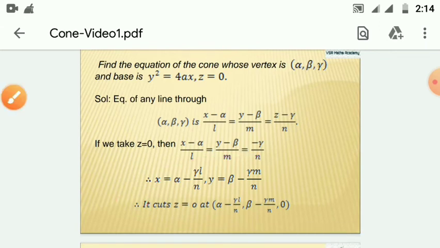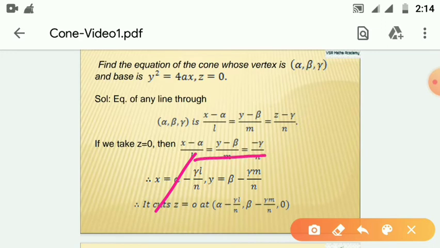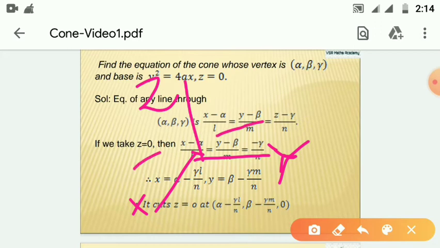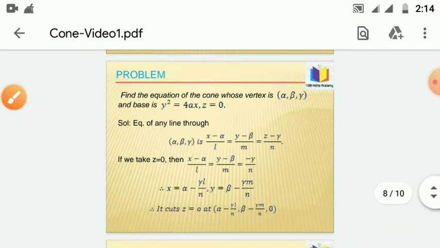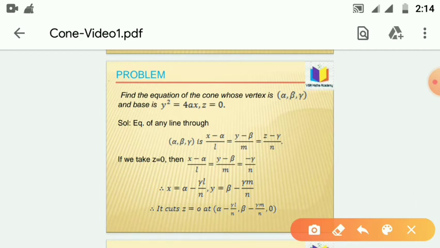See this: this is the x axis, this is the y axis and this is the z axis. Then this parabola is like this, y square is equal to 4ax in the xy plane. So in this case also we proceed in the same way.